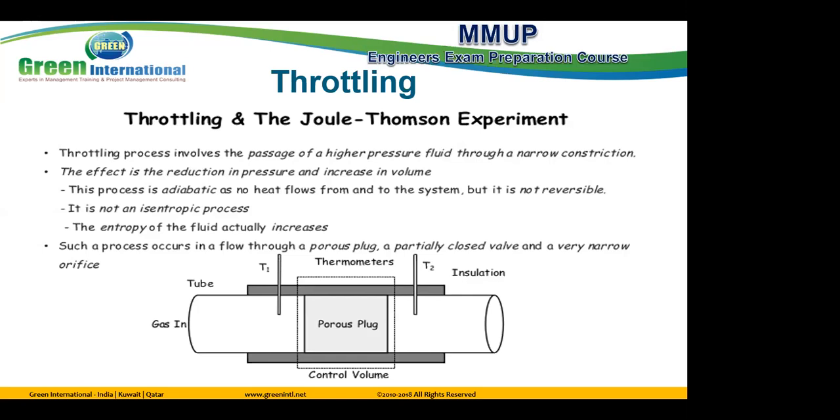The pressure before the porous plate is high, but after the porous plate it is low. So the pressure is reduced and the volume increases. Can this process go back if the flow goes in the other side and the pressure increases again? Normally no. So the process is not reversible.